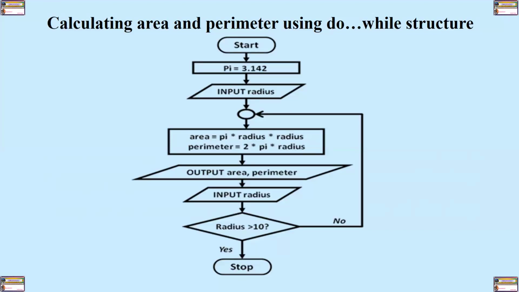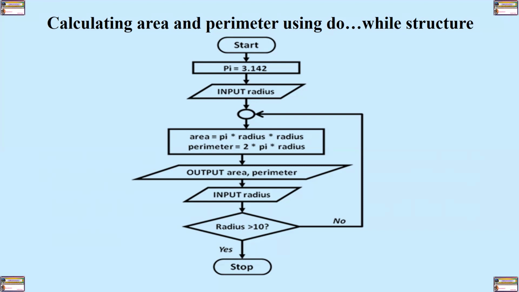In other words, before we end, once we have displayed the area and perimeter, we request the user to enter another value of radius. Then we check, is this value which has been entered more than 10? If yes, we exit the loop. But if the value entered is not more than 10, we repeat.